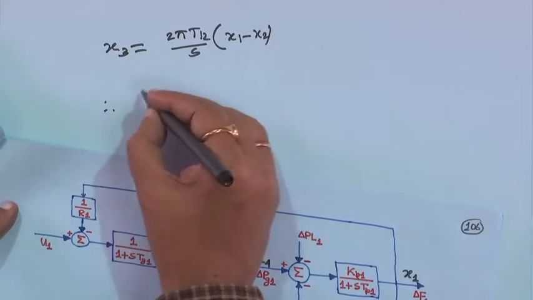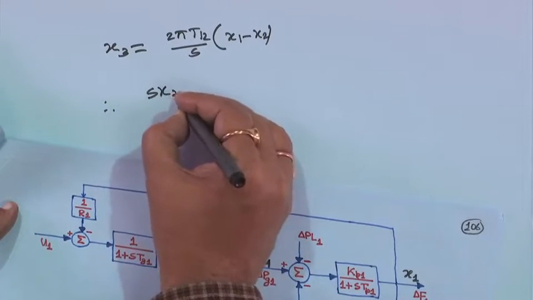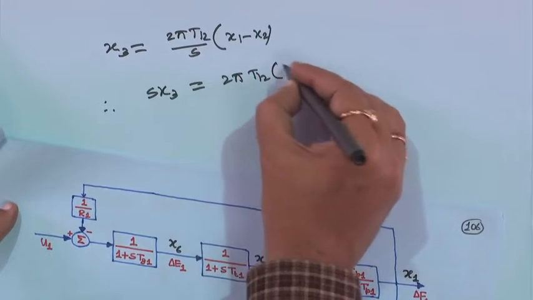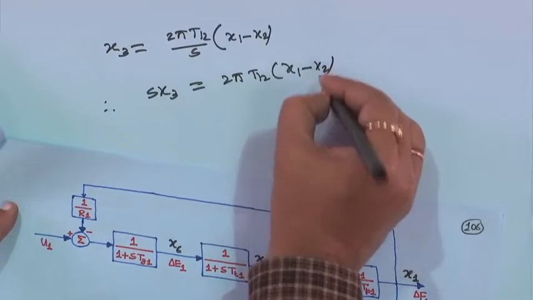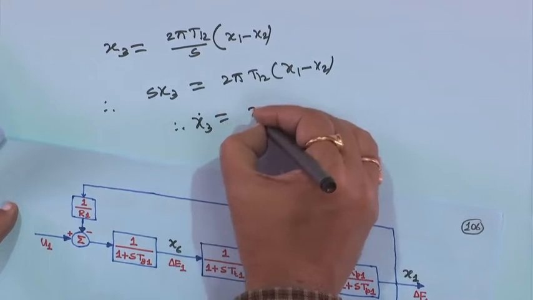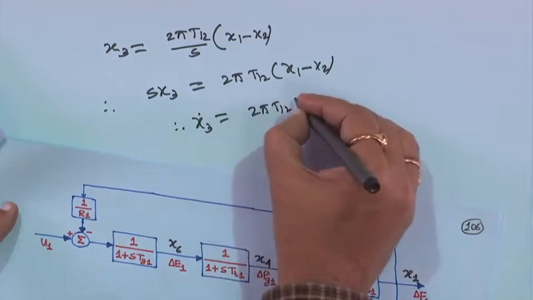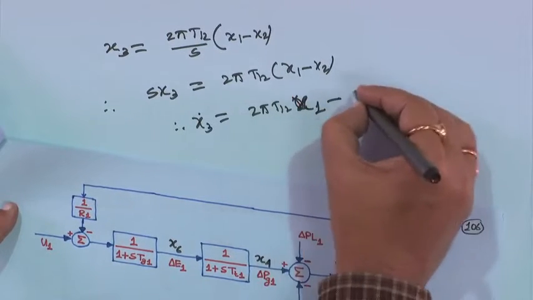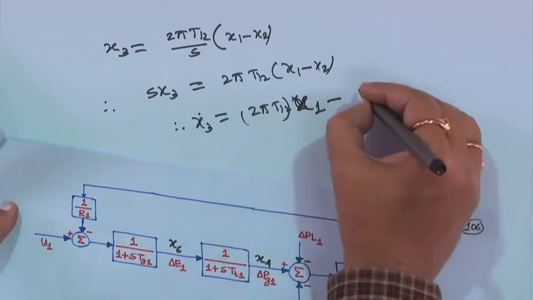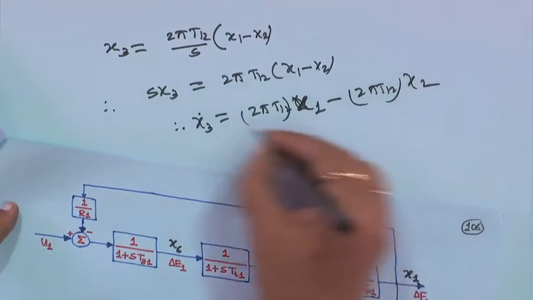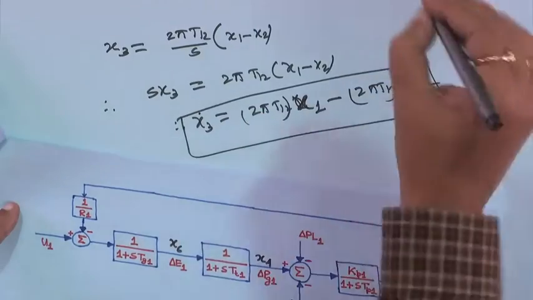That means s x3 is equal to 2 pi t12 (x1 minus x2). That means x3 dot is equal to 2 pi t12, I am making the bracket, 2 pi t12 x1 minus 2 pi t12 into x2. So, this is your x3 dot.